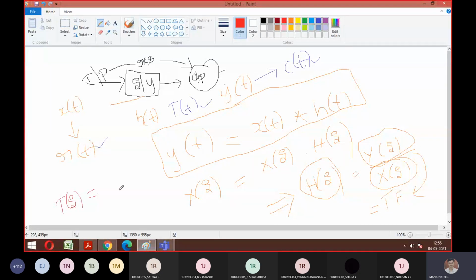So with respect to Laplace, it will become c of s, whole divided by your input, r of s. So this is the formula which will help you to find the transfer function from this complete module number 2. This is what you are supposed to learn in this module.